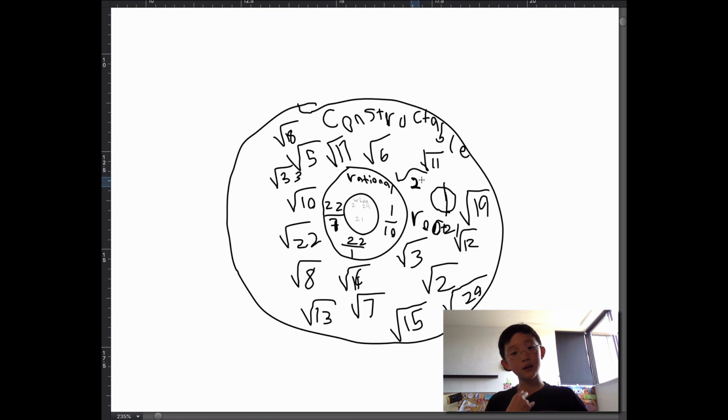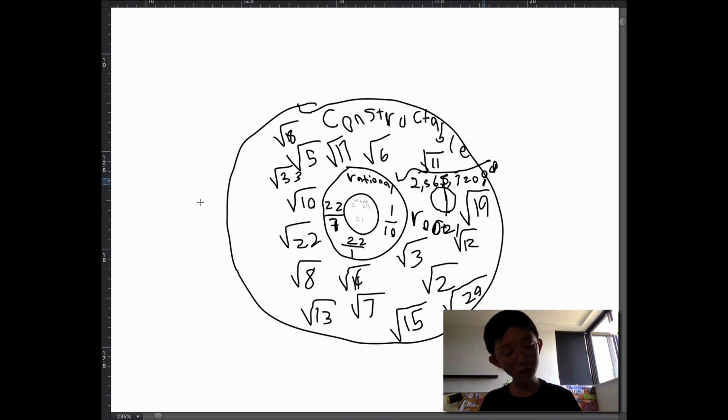Root 2 billion, 568 million 720. Like that. So these are the constructible numbers.